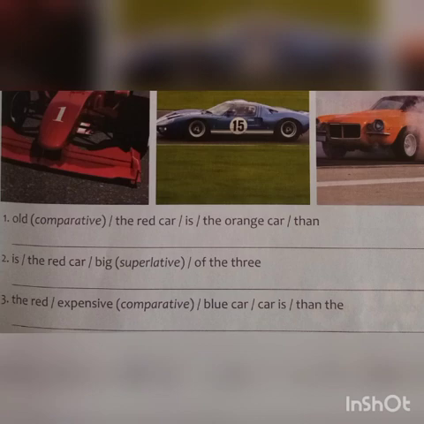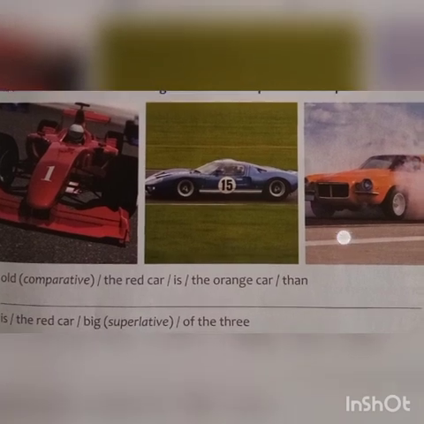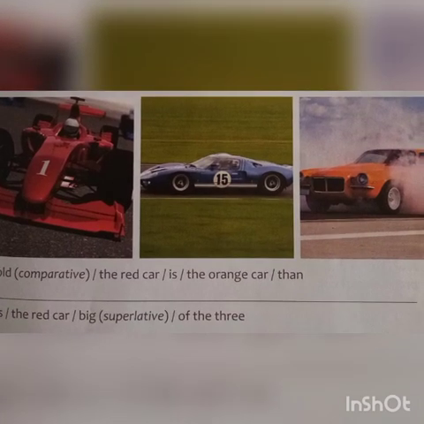Is it correct? The red car is older, entre paréntesis old comparative dice, entonces older. Is that correct? We have to see the pictures. No, right? No. It's the opposite. The orange car is older than the red car.